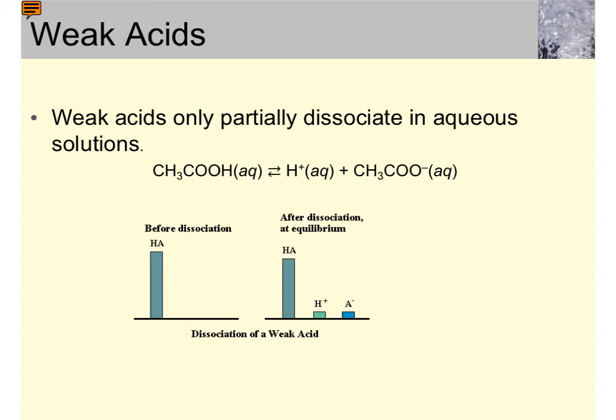A weak acid will still act as an acid. In other words, it is still a proton donor. It will still produce a hydrogen ion when dissolved in water. However, most of a weak acid is going to remain intact in the molecular form. So let's look at our pictorial to make sure you have an understanding here.